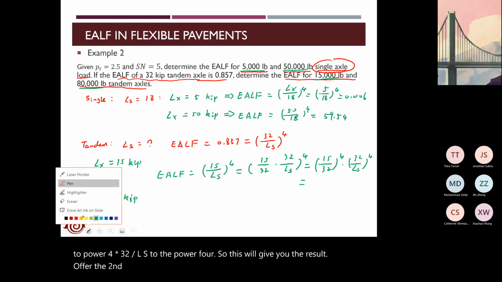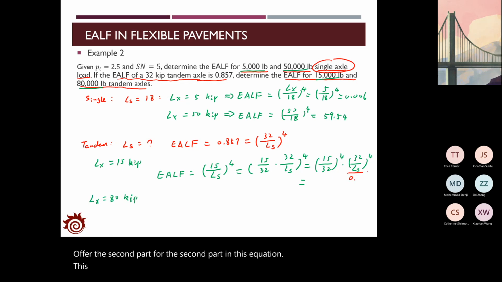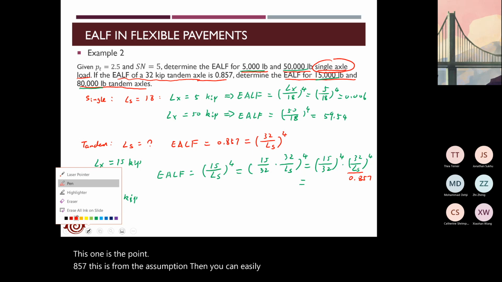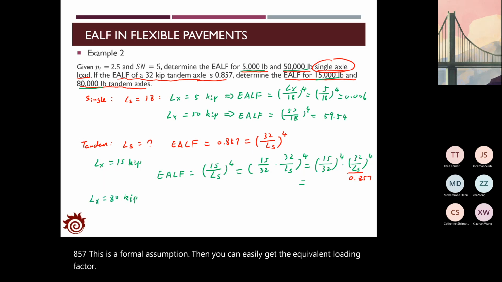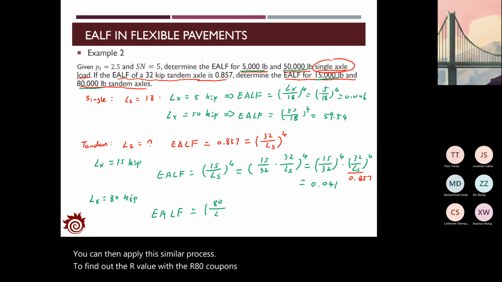For the second part in this equation, this one is 0.857. This is from the assumption. Then you can easily get the load equivalency factor as 0.041. Well, you can then apply a similar process to find the value with the 80 kilopounds load.